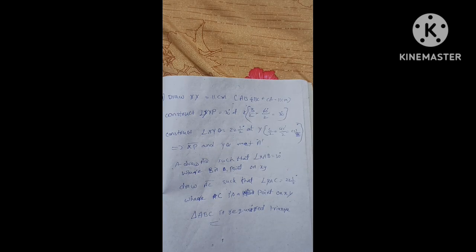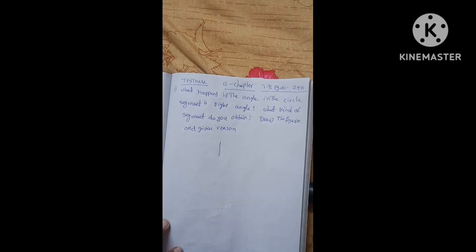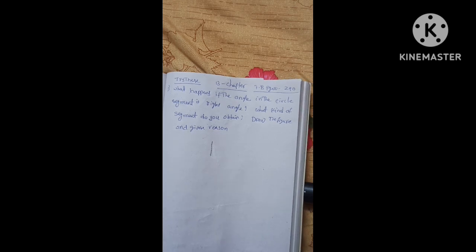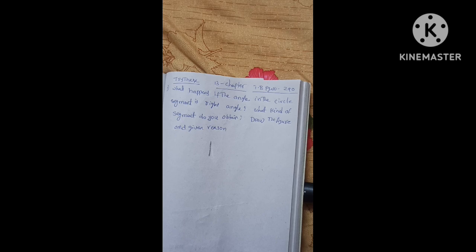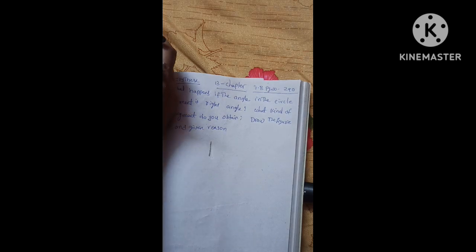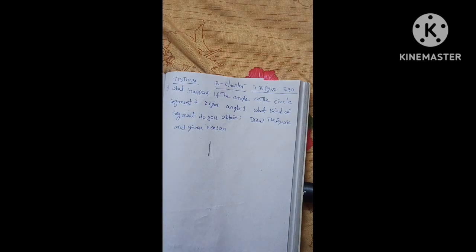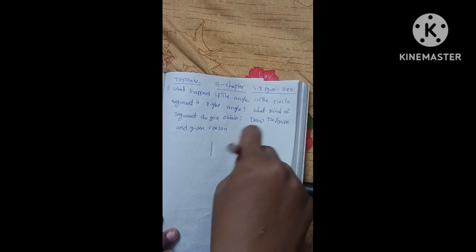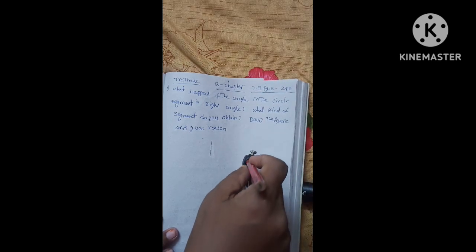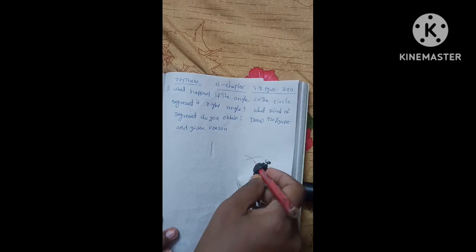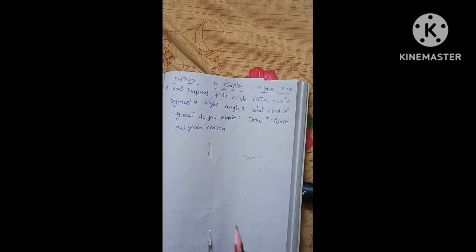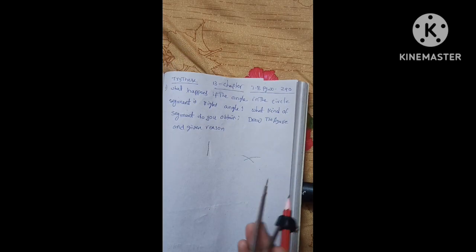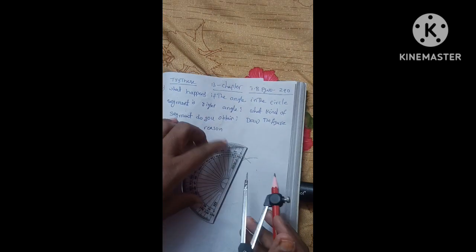Okay, next question. Next, last question in this. You can draw. How much you take? Three centimeters. You can draw one line here. After, again take one line here. You can form one triangle here, like this.